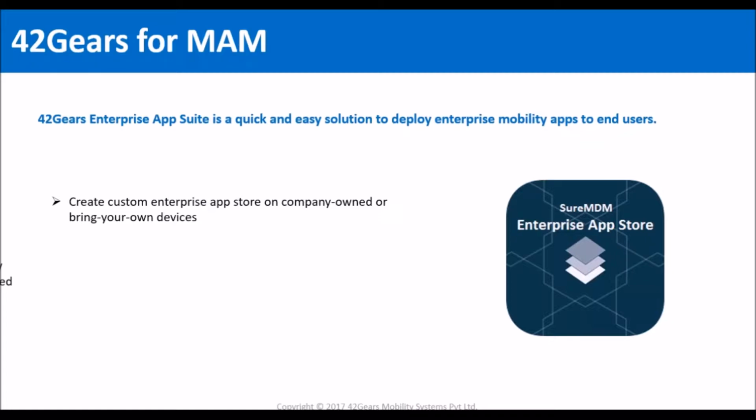Our enterprise app store allows IT admins to push enterprise web apps to users' devices. You can also configure URL or port settings, even the email address and license keys, to eliminate the need to educate end users about the first-time setup.